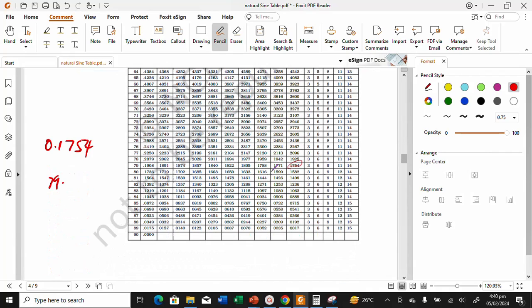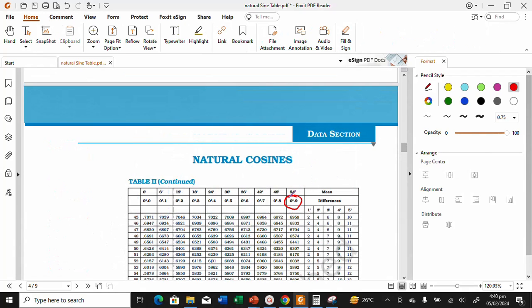Since we didn't consider the mean difference, we're not going to use the minutes. If we were to consider the mean difference inside this place, then we would use a minute.